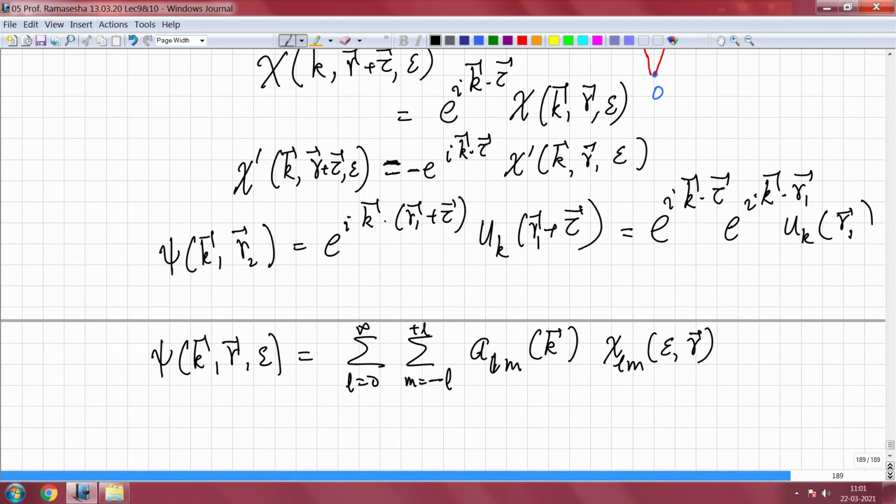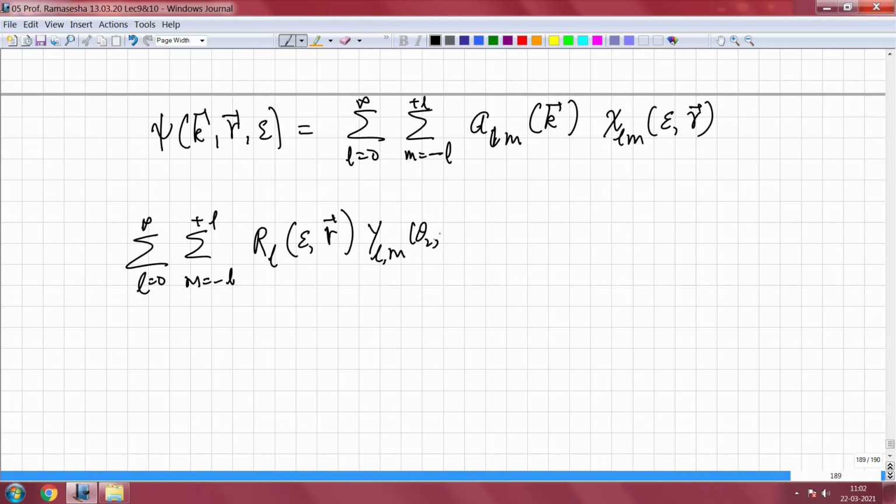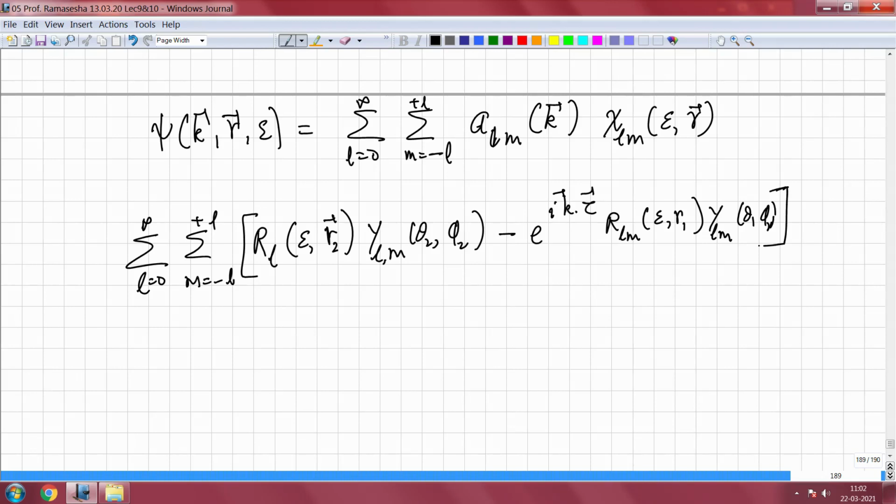So if I introduce the first condition, then what I have is the following: sigma over Lm (0 to infinity) m equal to minus L to plus L, R_L epsilon comma r2, Y_LM theta 2 comma phi 2, minus e to the i k dot tau, R_LM epsilon comma r1, Y_LM theta 1 phi 1, times A_LMK should be equal to 0.